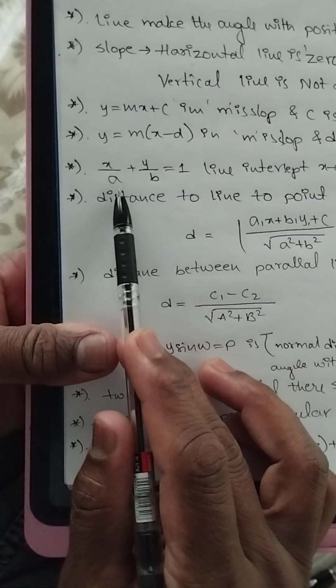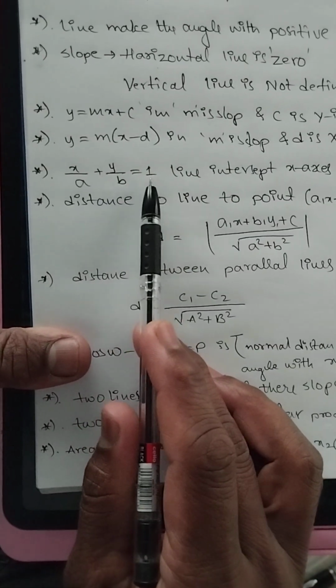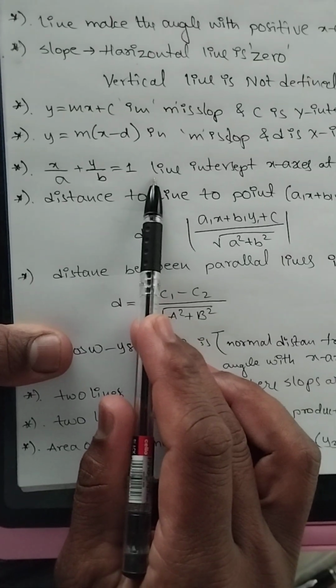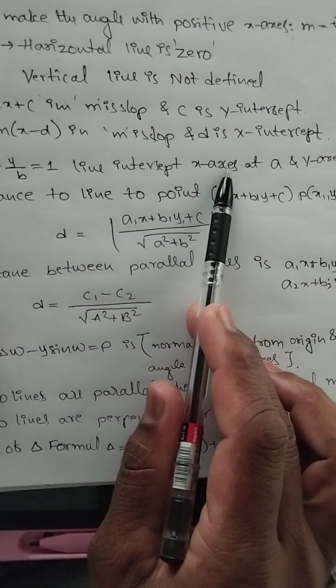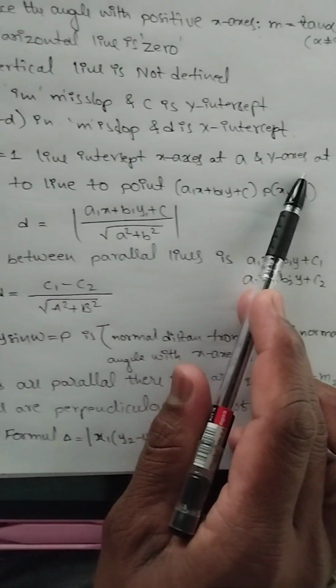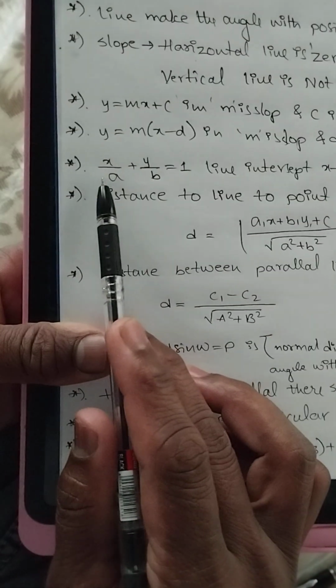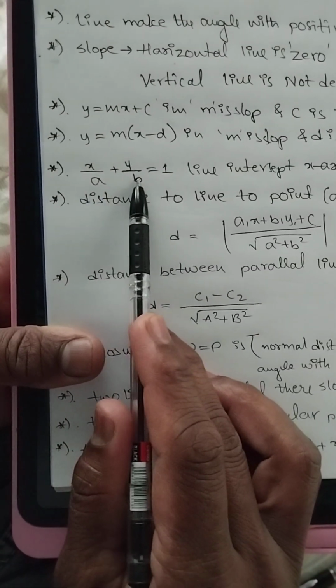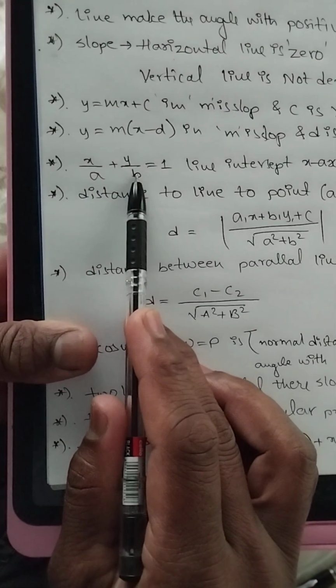Then x by a plus y by b equal to 1, this line must intercept the x-axis and y-axis surely, that is, x-axis intersecting at a and y-axis intersecting at b.